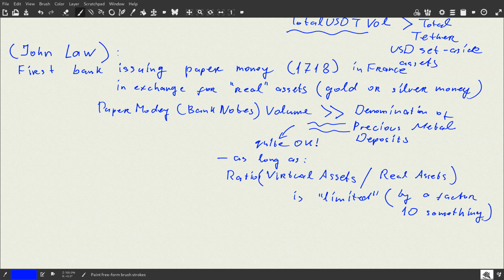Barclays Bank, which I mentioned, in the middle of the financial crisis in 2008, had the amount of risky, virtual risky instruments over non-risky, primarily USD or Euro assets.